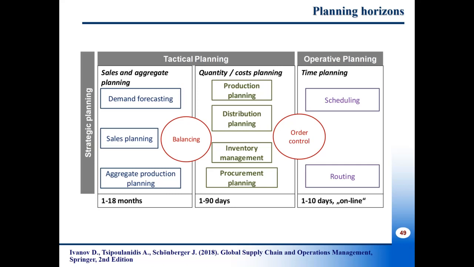Such a decomposition is needed since some data should be set up for a long period of time, so-called design variables, and some data could be adjusted during the planning process, so-called control variables. Some examples of different decisions at tactical and operative levels are presented in the figure on our slide.